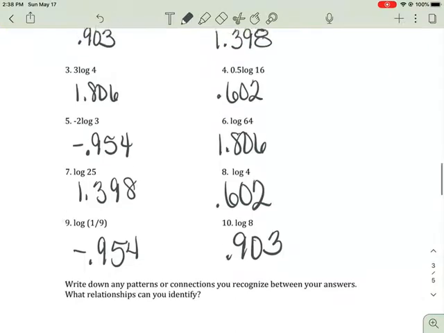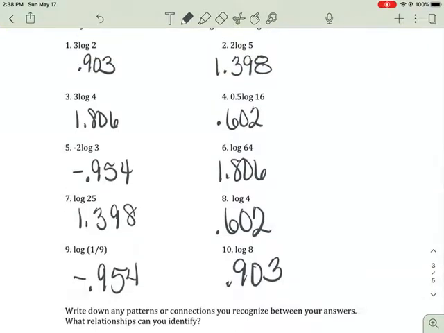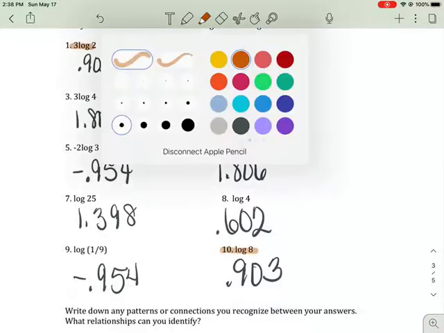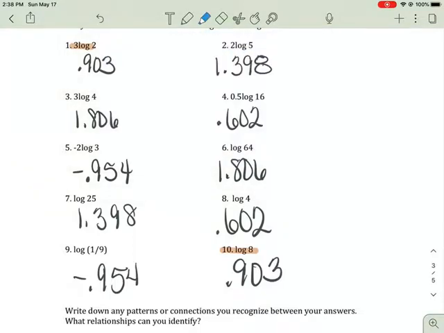Okay, so what kind of observations do you see about this particular group? Well, I have 3 times the log of 2 is the same as log 8. And log 1/9 is the same as negative 2 log 3.